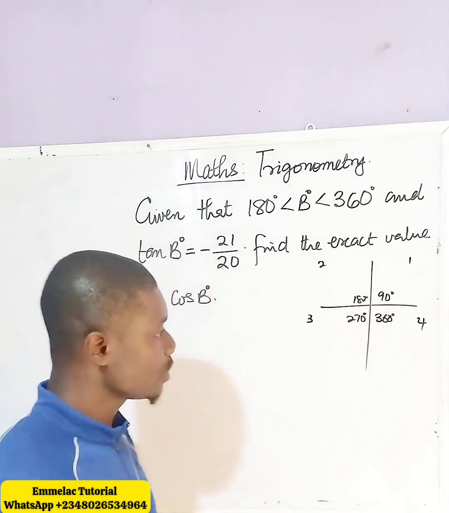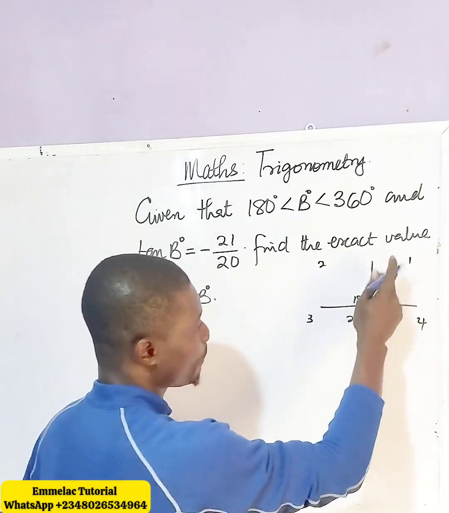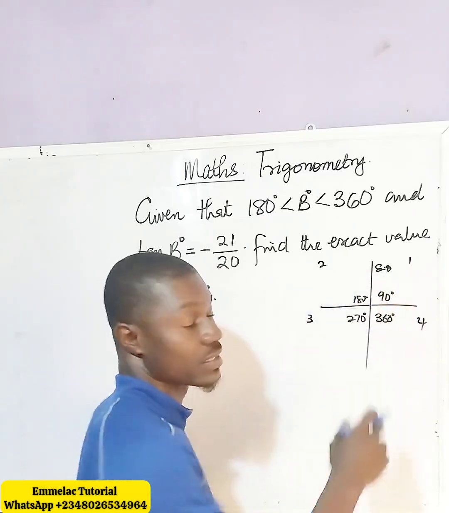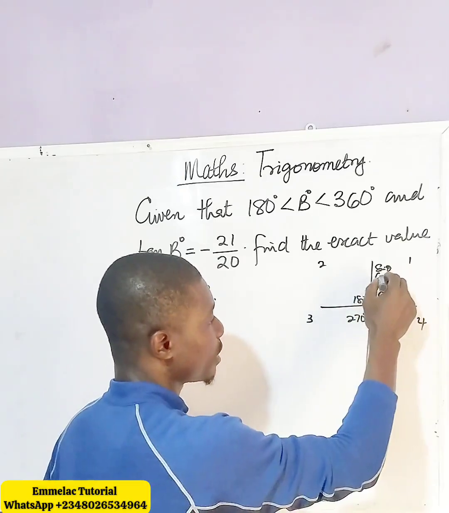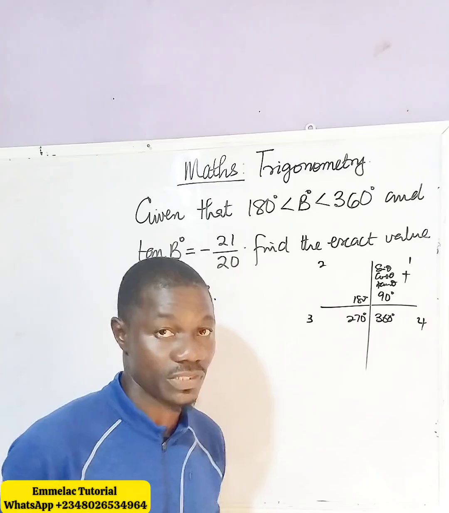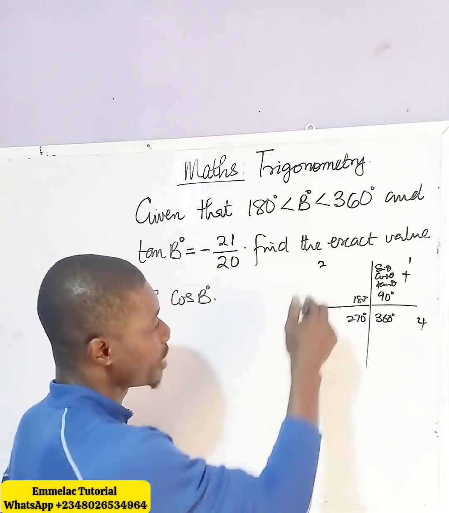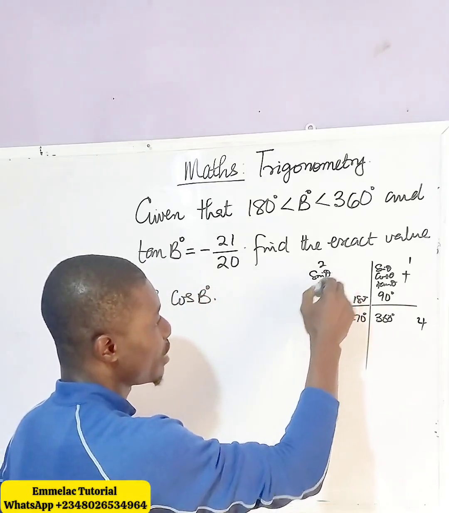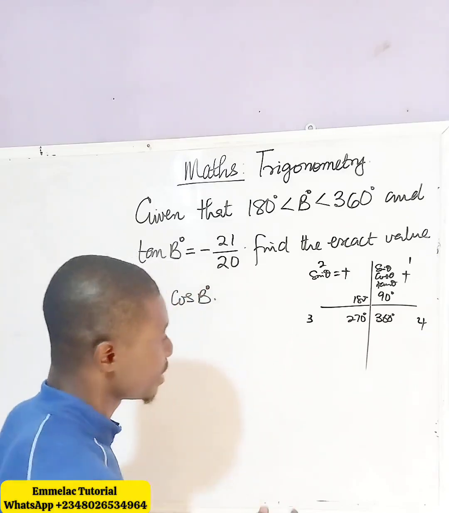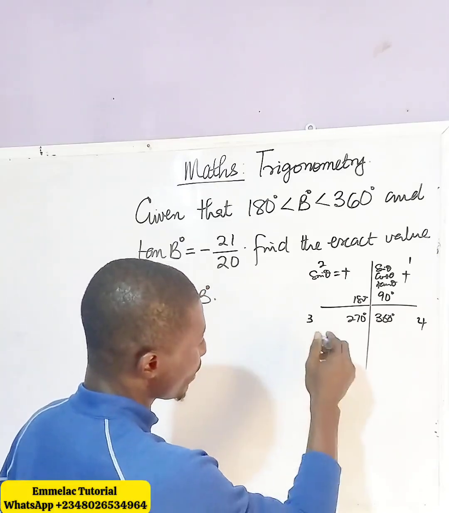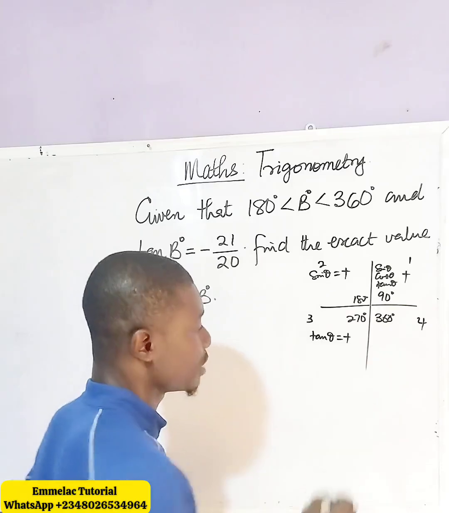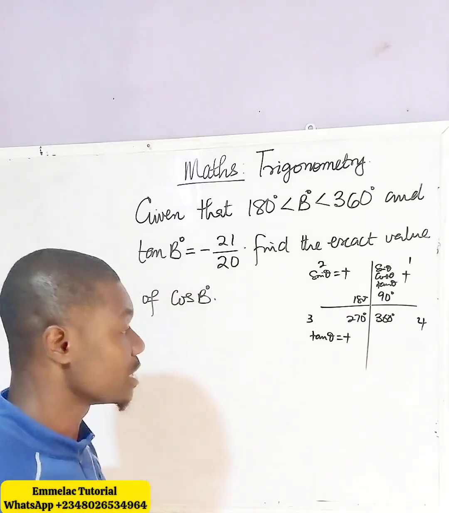At this quadrant, sine theta, cos theta, and tan theta are all positive. On the second quadrant, sine alone is positive, then cos theta is negative. Then at this point, tan is positive, while sine and cosine are negative.